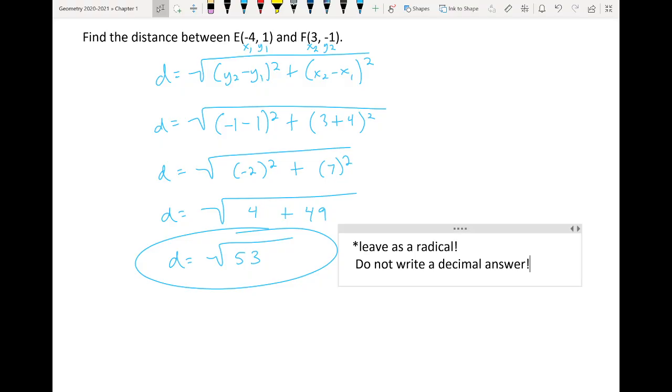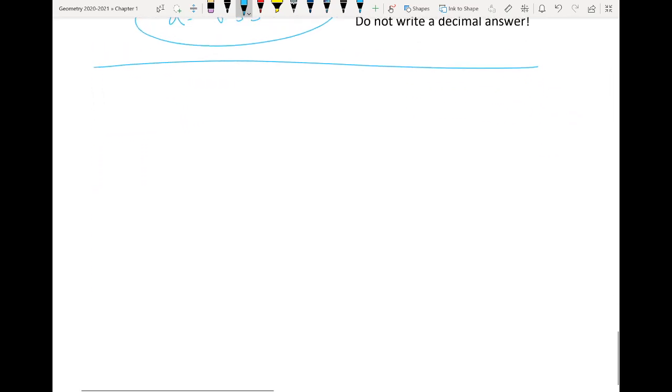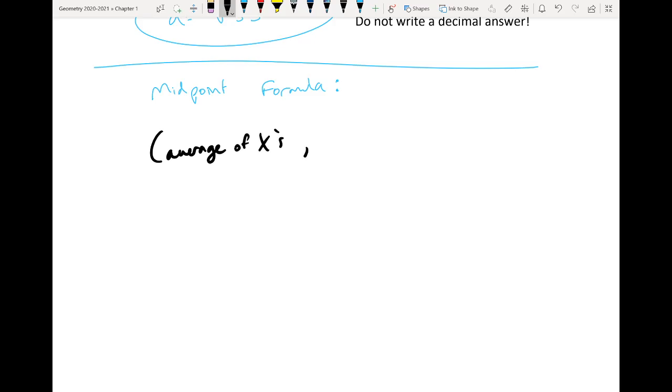Next, let's discuss the midpoint. The midpoint formula is pretty straightforward. What we're going to do is take the average of the x's, comma, it's always x, y, so the average of the y's.